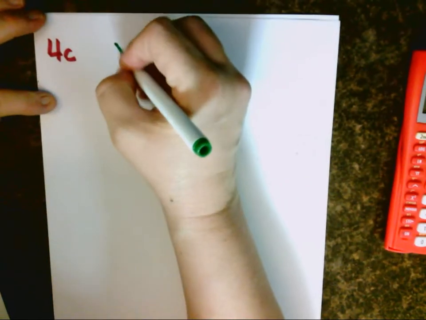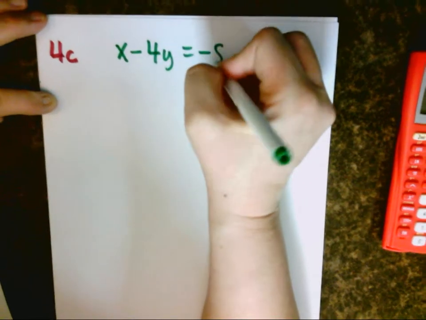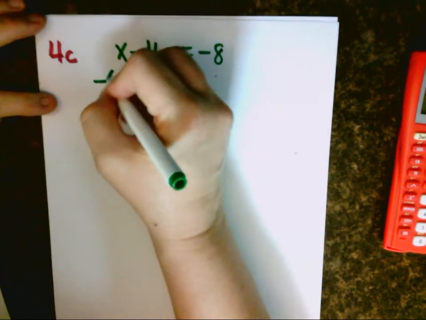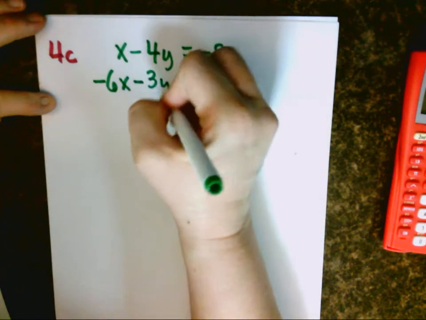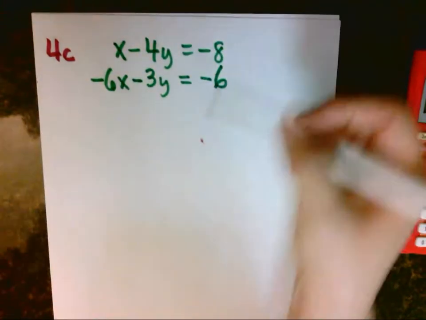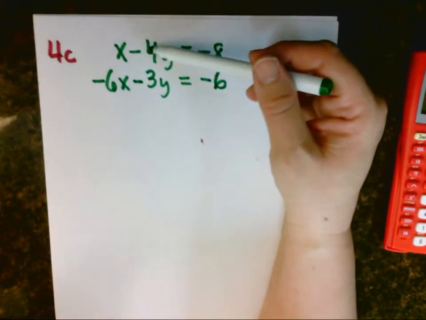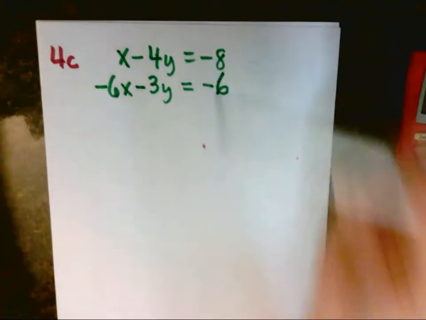It has the line x minus 4y equals negative 8. And negative 6x minus 3y equals negative 6. Okay, I'm going to double check that I copied that correctly. Looks good.